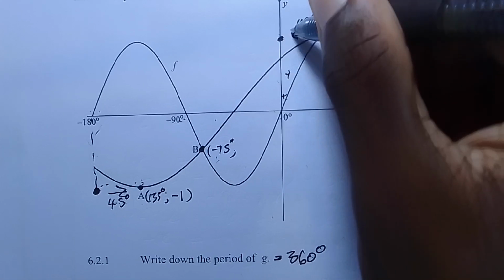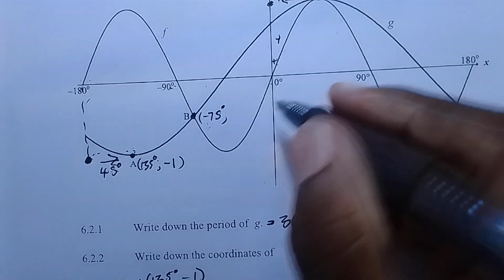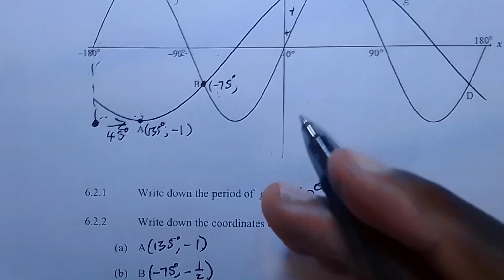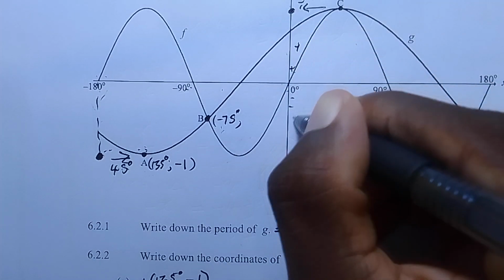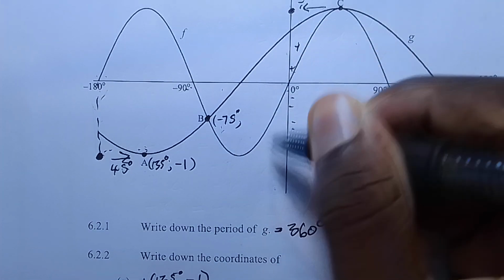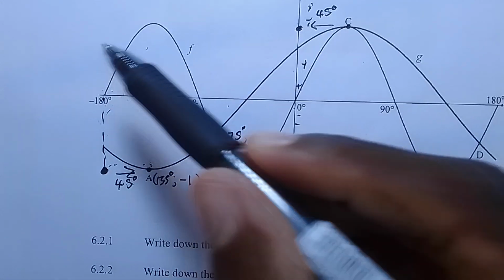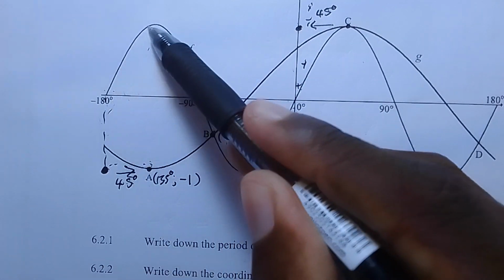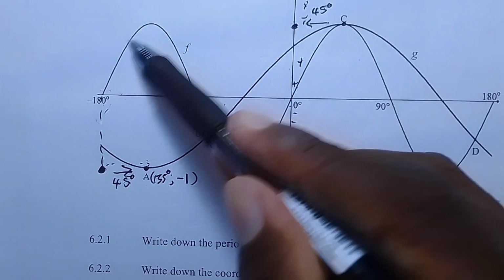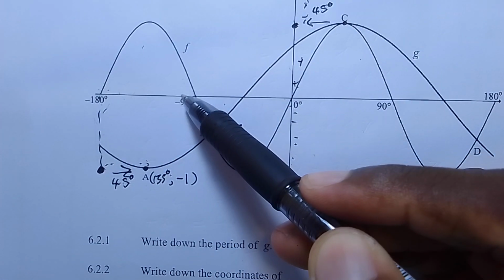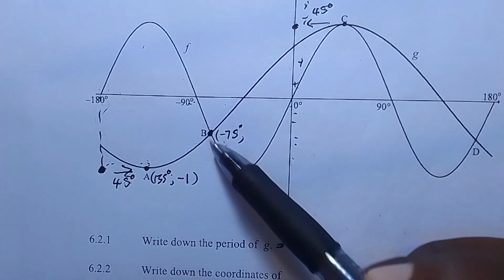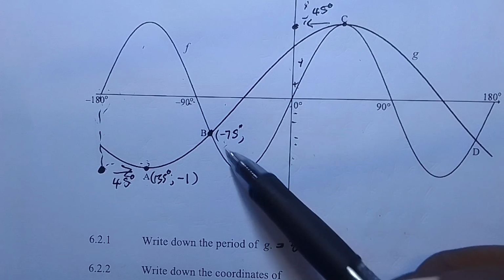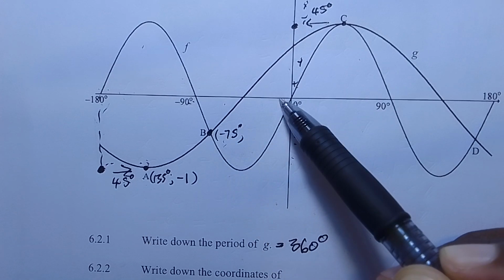These are all positive y values. If f of x is negative, that means f of x is below the x-axis, as well as y. So here f of x is above the x-axis, therefore f of x is positive. But here f of x is below the x-axis, so f of x is negative, and so on.